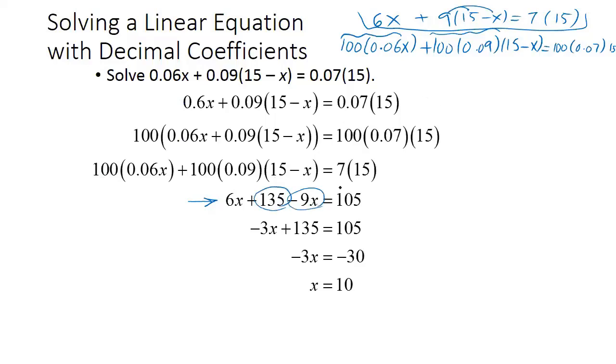Equal to 7 times 15 is 105. Okay, once I get it to the linear equation, that's all I have to do, just combine like terms. 6x minus 9x equals minus 3x. Then I can subtract 135 from both sides, it becomes minus 30 on the other side, divide each term by negative 3, so x equals 10.